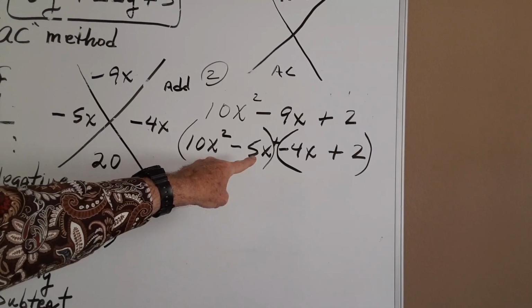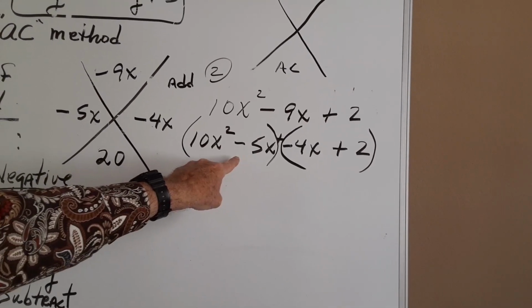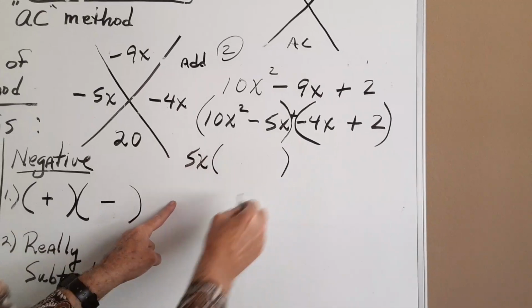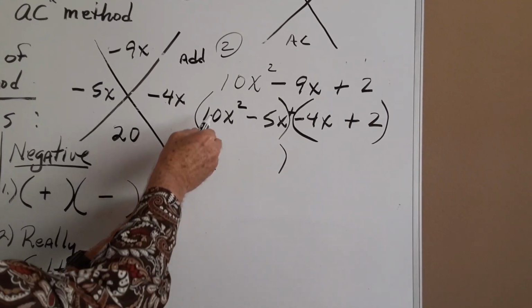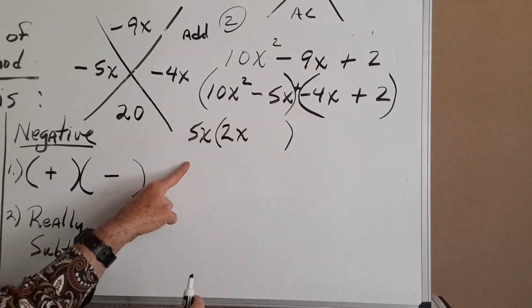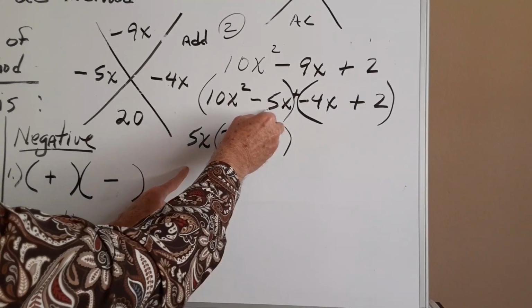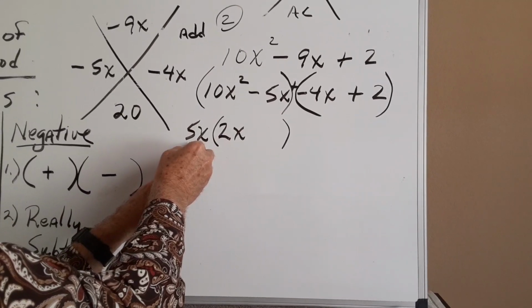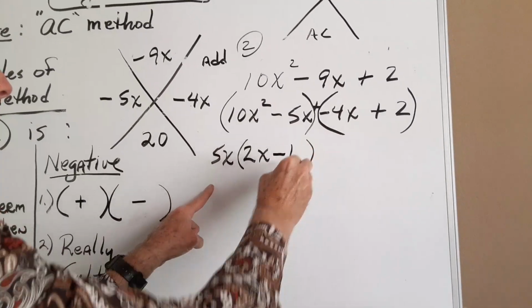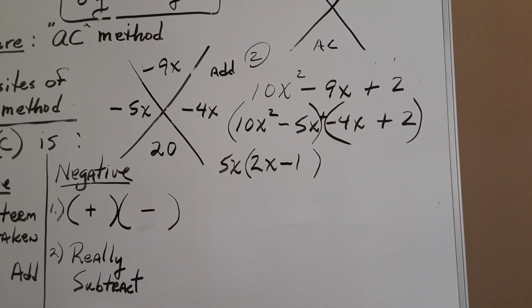Pull out the GCF. They both have a 5 and an x. Complete that little factorization. 10x squared divided by 5x would give us 2x. Negative 5x divided by a positive 5x. Negative 5 divided by positive 5, a negative 1. The x's go.